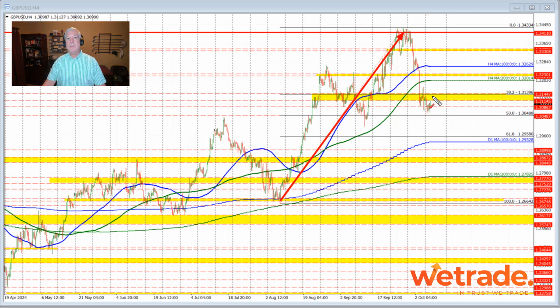If the price were to move into that area, we could see the price head up toward that 38.2% retracement toward the 131.44 level. But this area, I would expect to see some sellers leaning against it on the test. If it does break above it, all bets are off.